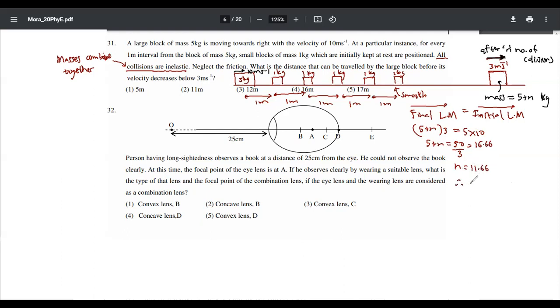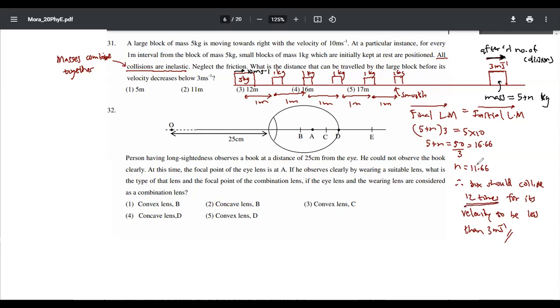The box should collide 12 times for its velocity to be less than 3.